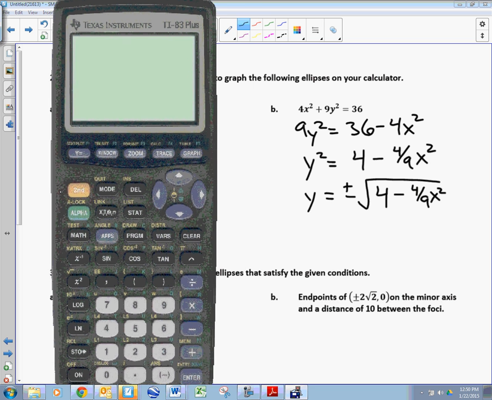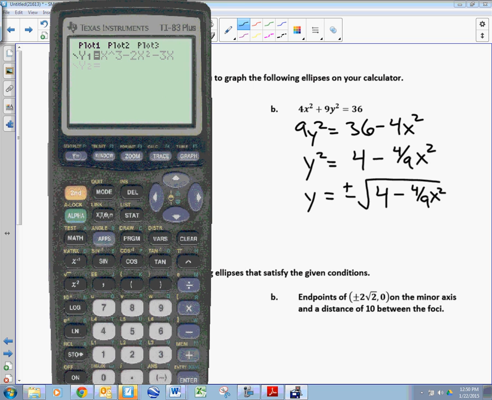So I go to my handy dandy calculator, I turn it on, and I go into y equals, and I type in the square root of 4 minus, parentheses, 4 divided by 9, x squared, parentheses. Now you tell me, is an ellipse a function? No, your calculator can't graph a function. Well, look what I'm graphing. I'm graphing that.